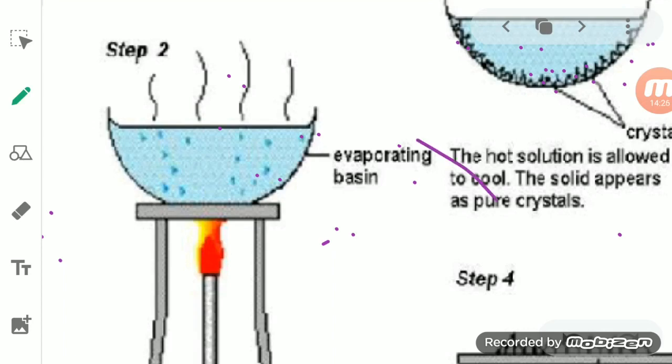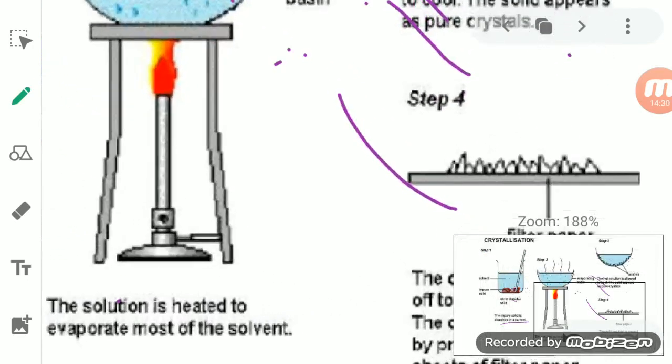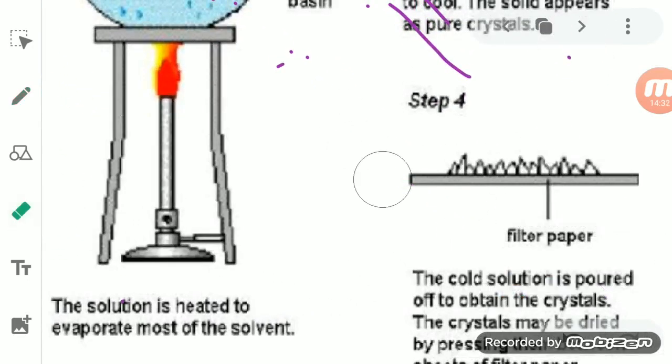After that, we will take a filter paper and separate the crystal of the pure solid by filtration. We pour this solvent containing the crystals onto the filter paper.